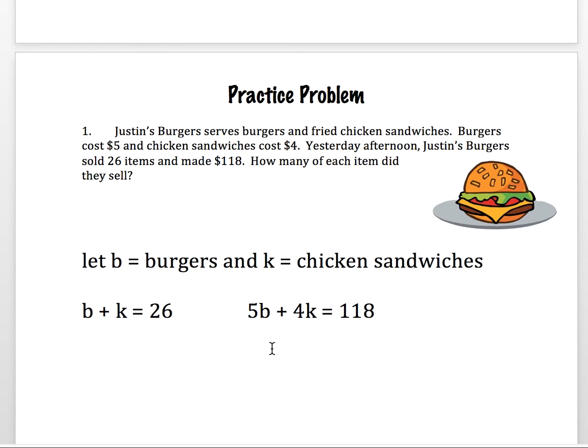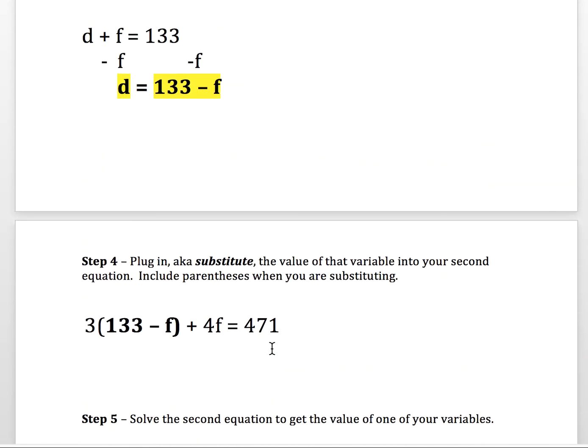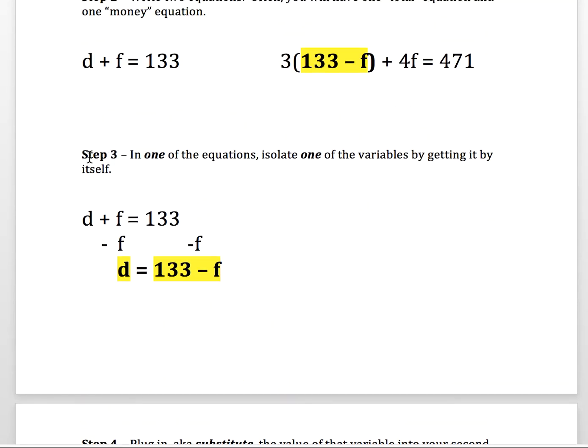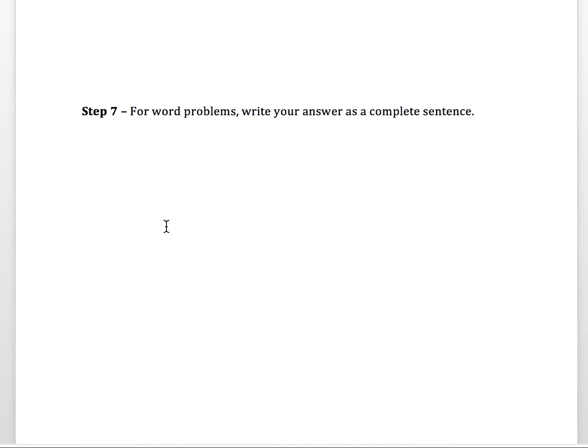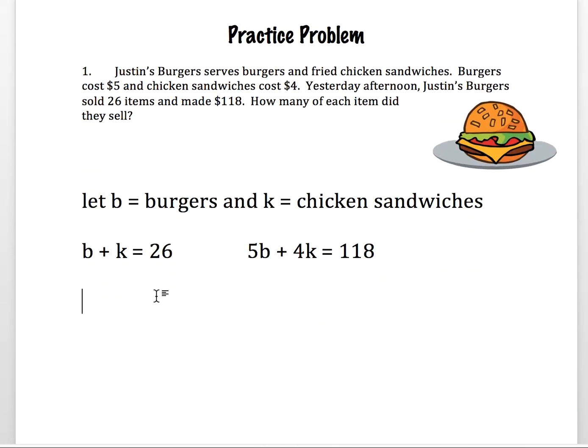Step 3 is when we isolate one of the variables by getting it by itself. So if burgers plus chicken sandwiches is 26, then we could say that chicken sandwiches equals 26 minus burgers. Or burgers equal 26 minus chicken sandwiches. Either one of those will work. So it doesn't matter which variable we isolate.